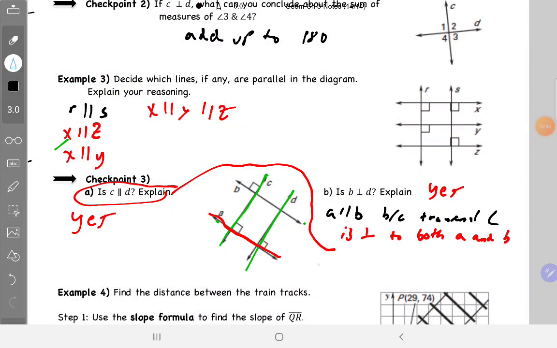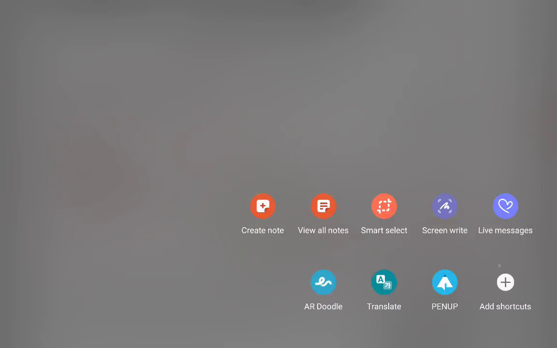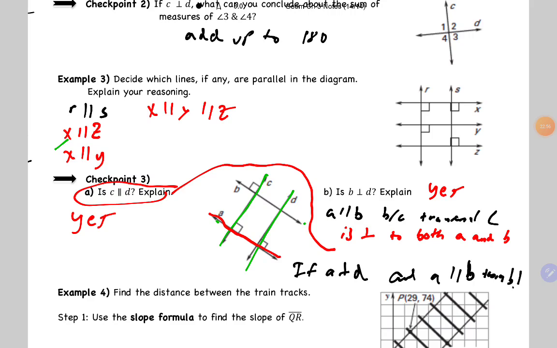Now finally, we can say if A is perpendicular to D and A is parallel to B, then B is perpendicular to D.